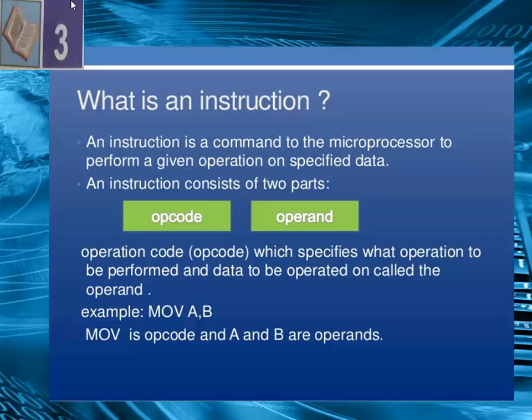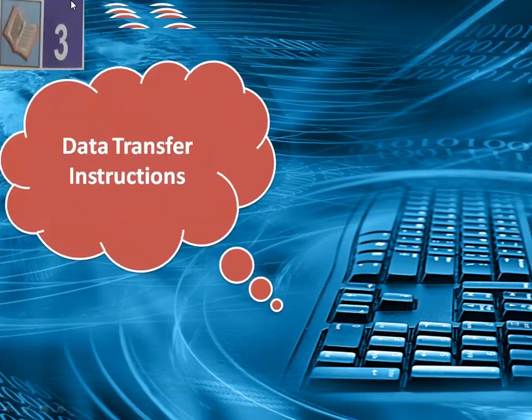Modern computers support many types of instruction. First of all, data transfer instruction. These are the types of instruction. Remember that instructions are used for specific tasks. It's an order which is handled by the computer processor.